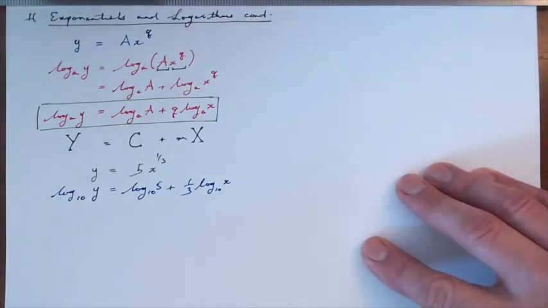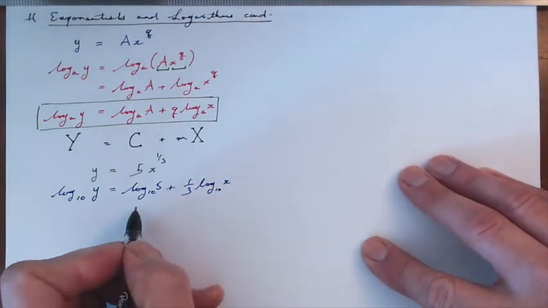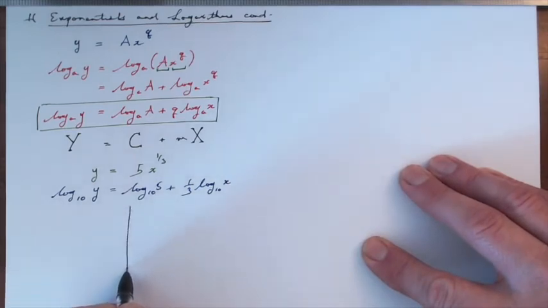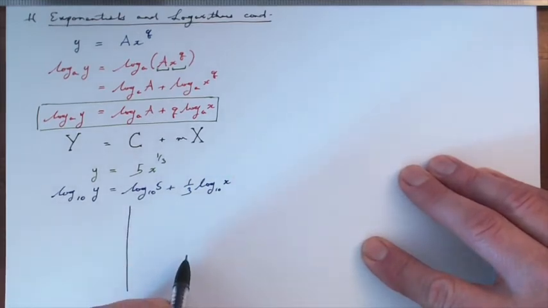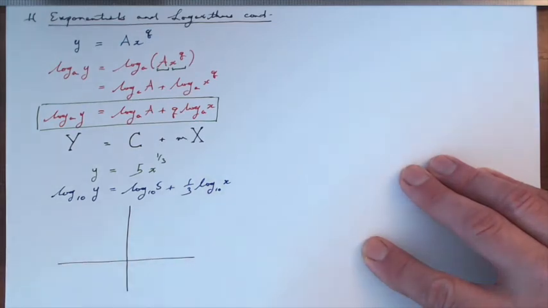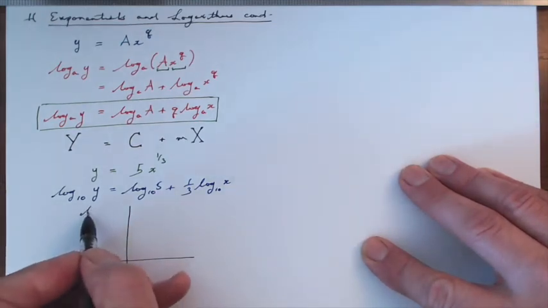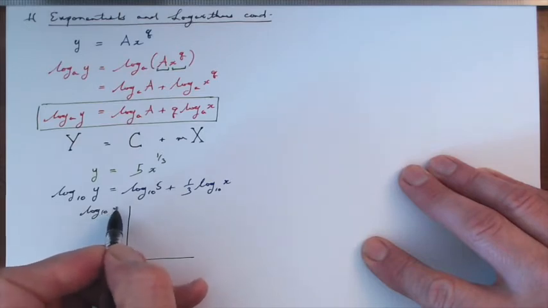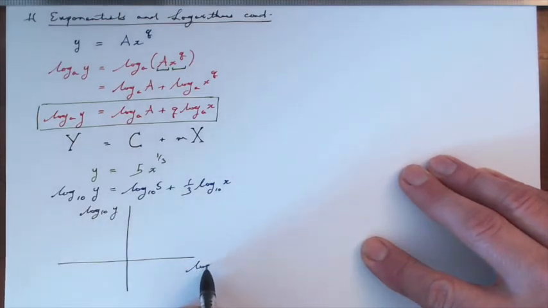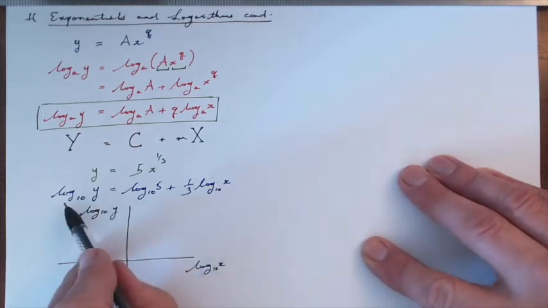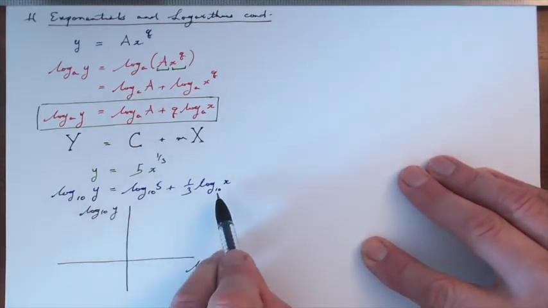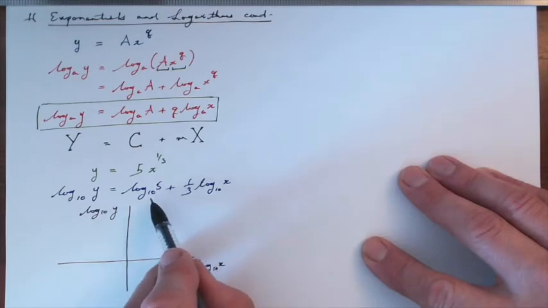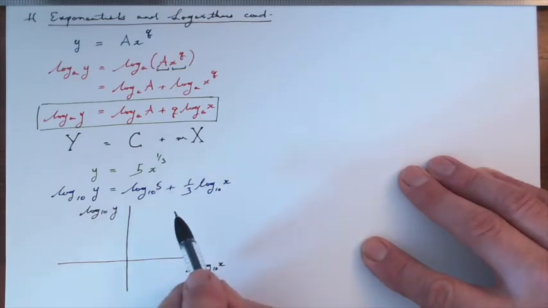And if I now plot log to the base 10 of y against log to the base 10 of x, I see that I have a straight line. And in fact, I can even figure out explicitly where it's going to cut through the y-axis.